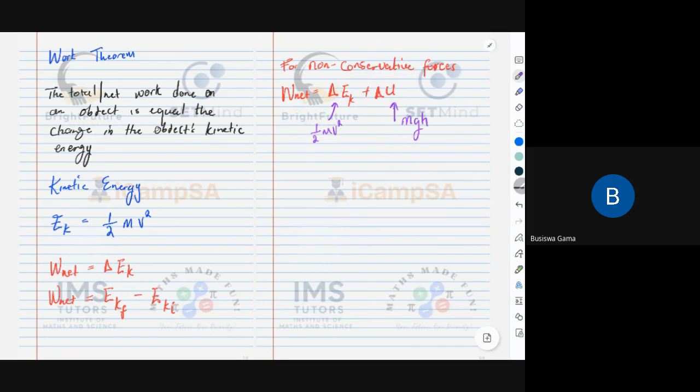Okay, if I expand this for you, you would have something like net work equals kinetic energy final minus kinetic energy initial plus U final minus U initial.